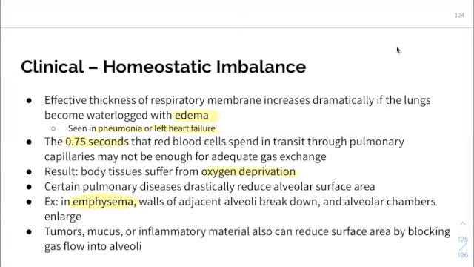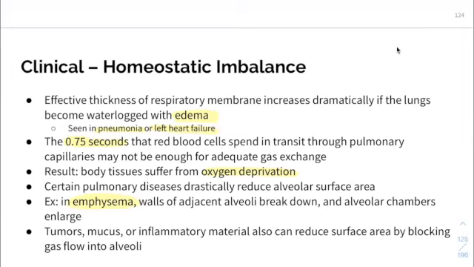So if everything starts breaking down, the walls of those alveoli, we don't have that surface area anymore, which means there's less space for gas exchange.